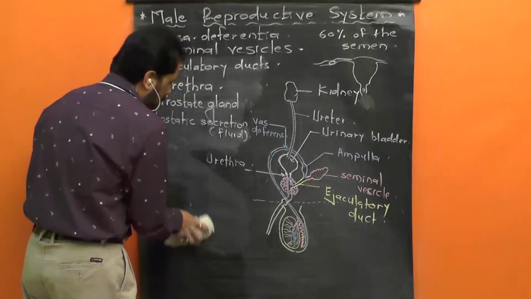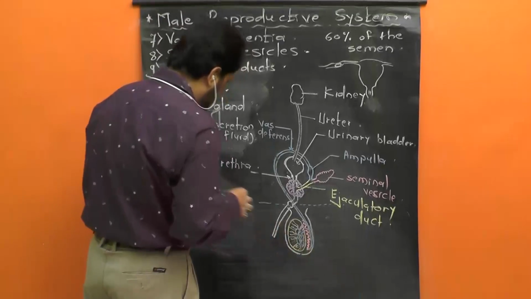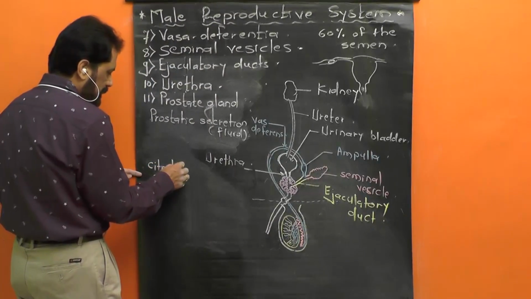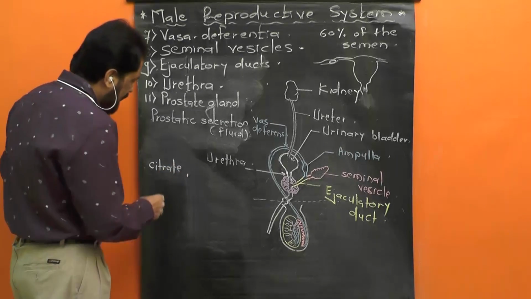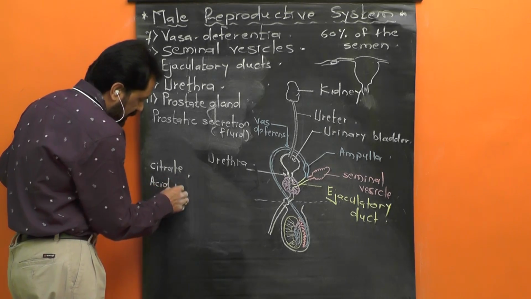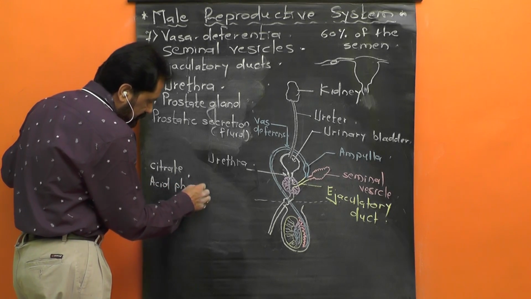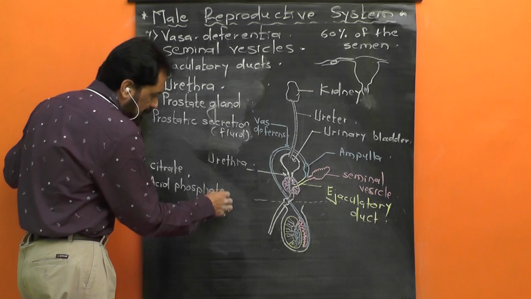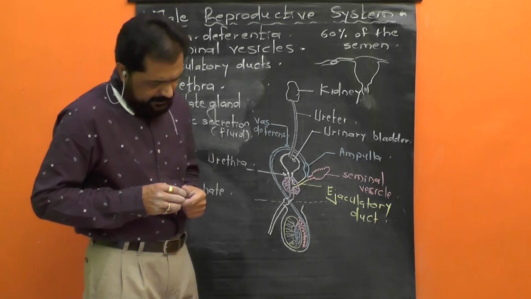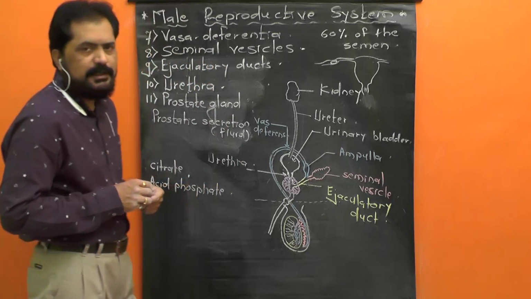The prostatic fluid consists of mainly citrate. Second, it consists of acid phosphatase. In addition to that, it contains some proteolytic enzymes.